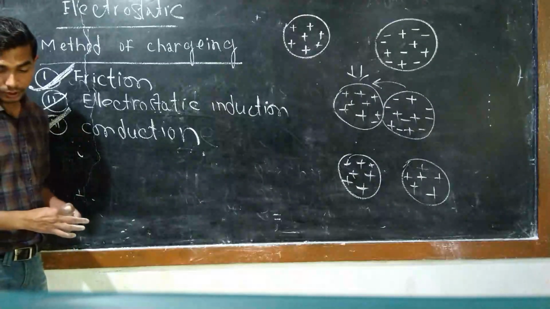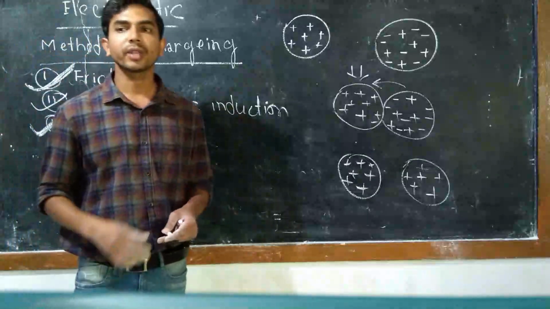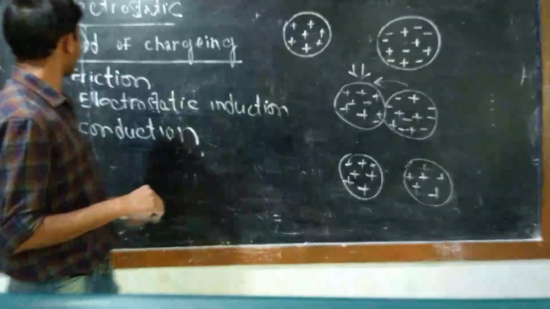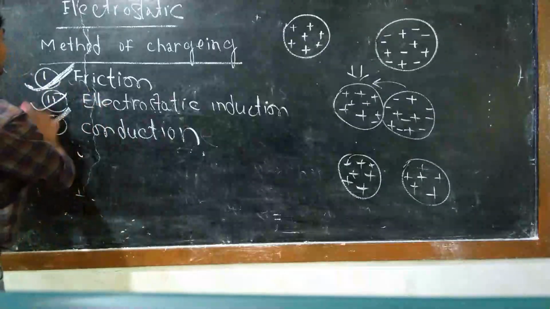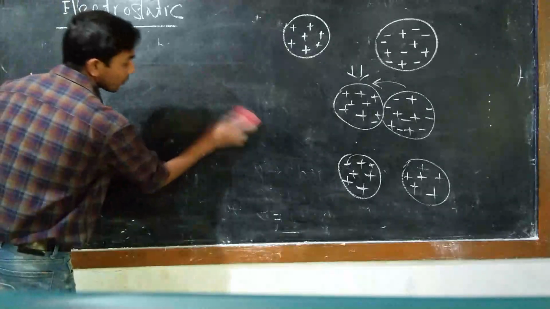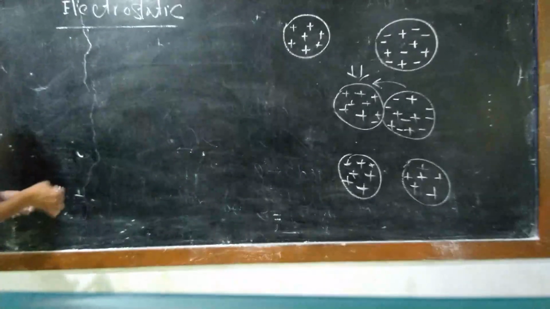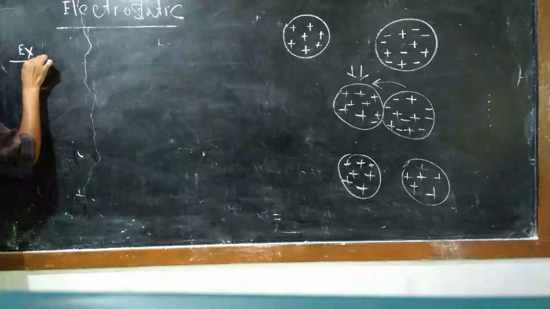So I'm going to take one question. That question is also given in your NCERT, right? That one we are going to solve. First see what the question is. You are able to find that question in your book, right?